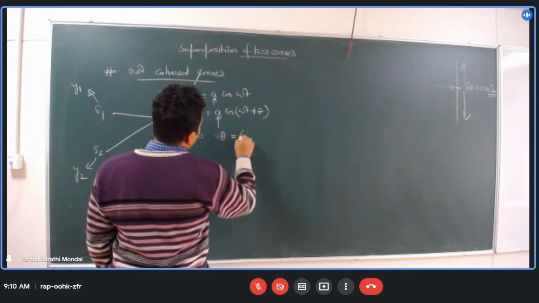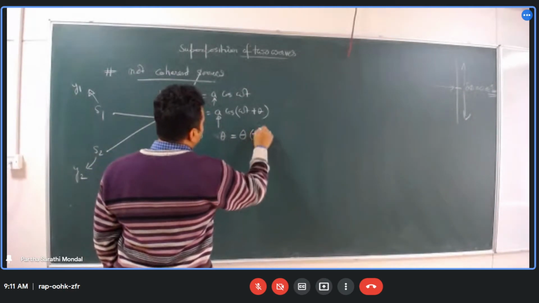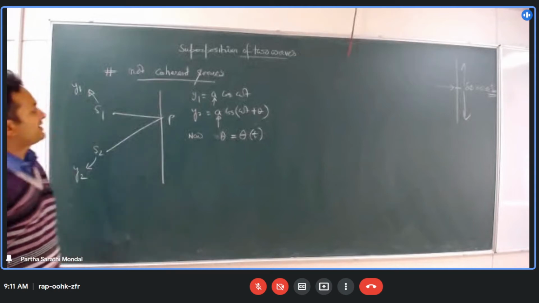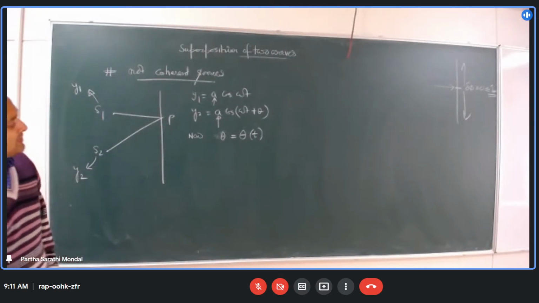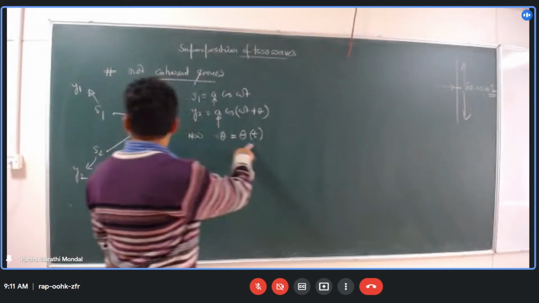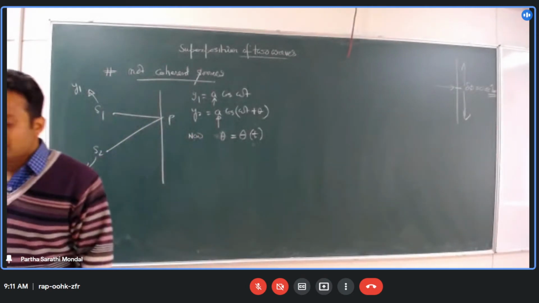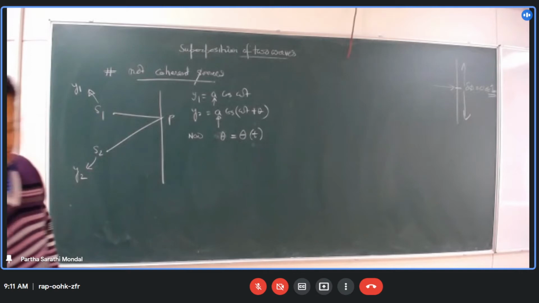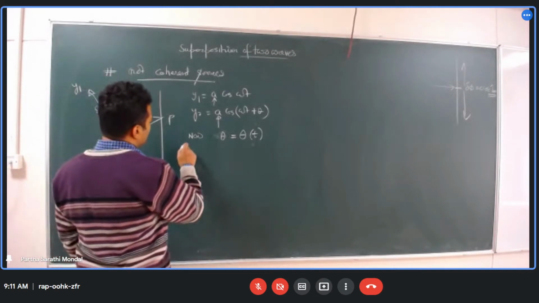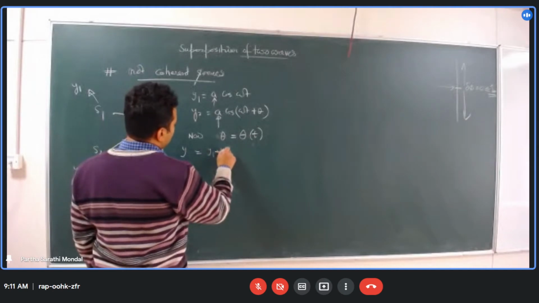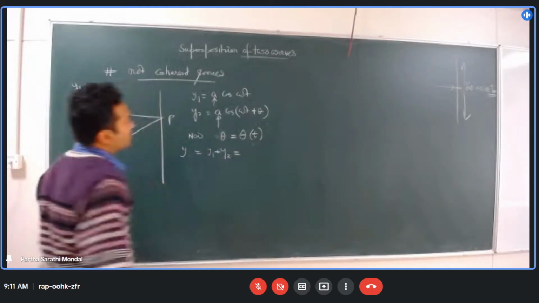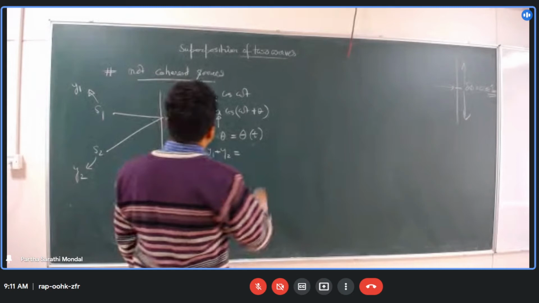The difference theta is a function of time. That is why S1 and S2 are non-coherent sources. If theta were constant, then we could have said that S1 and S2 are coherent sources. Now we know the resultant amplitude Y is Y1 plus Y2, which is the superposition principle, and we can do it very easily.